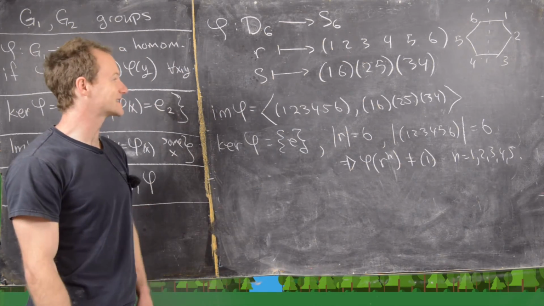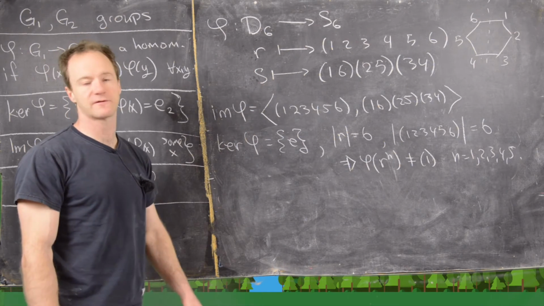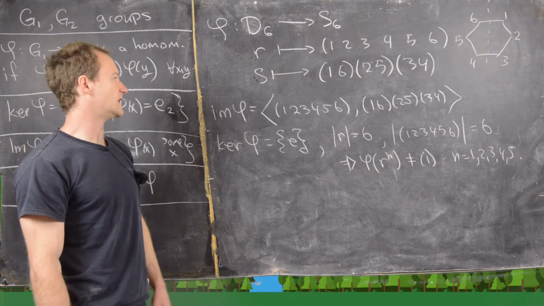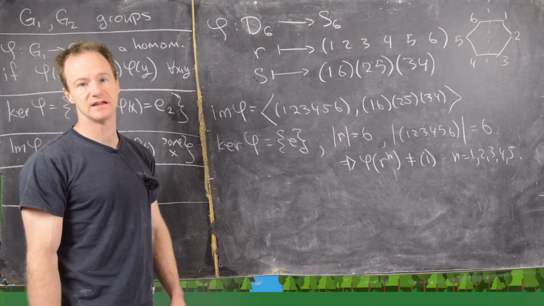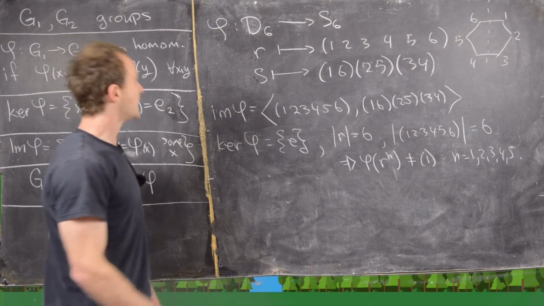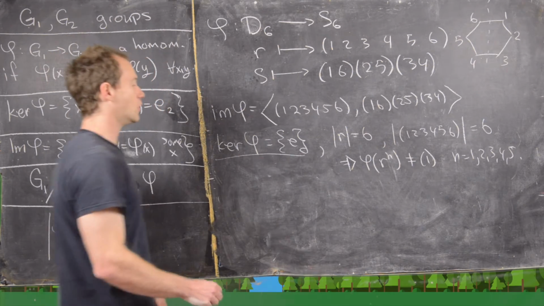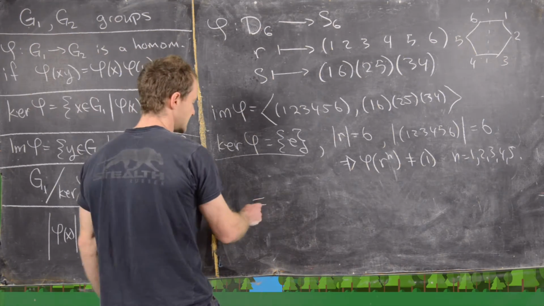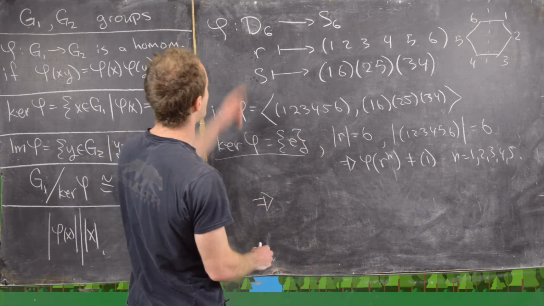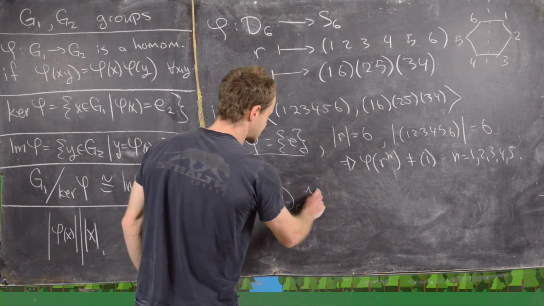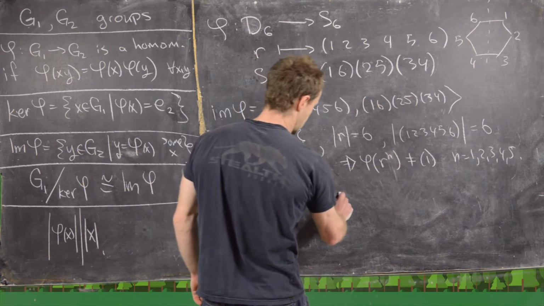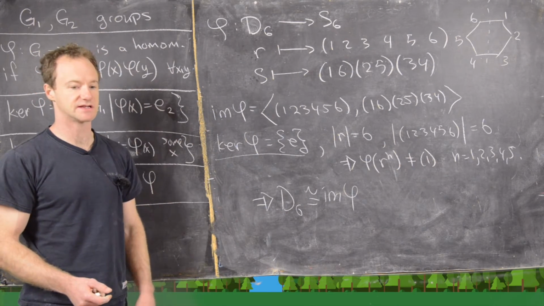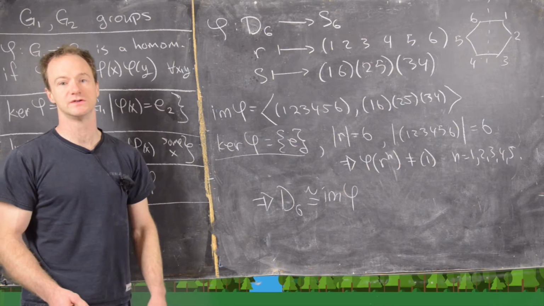Next, it's easy to check that none of the reflections are sent to the identity either. So the kernel is only the identity element E, which tells us that in fact we have an isomorphism. D6 is isomorphic to the image of phi because we don't have to mod out by another kernel in this case. All right, I'll clean up the board and then we'll do some more.